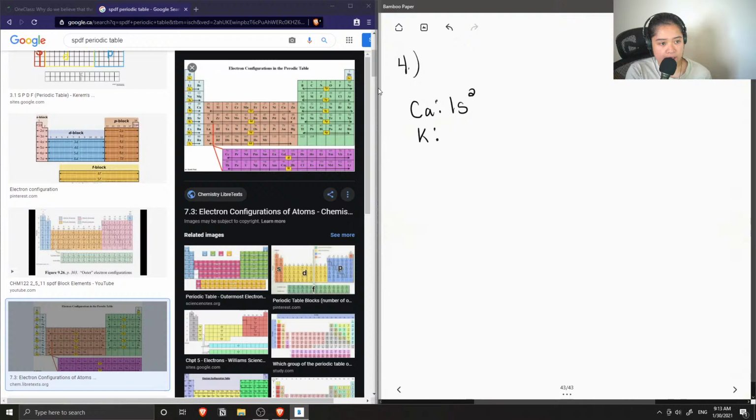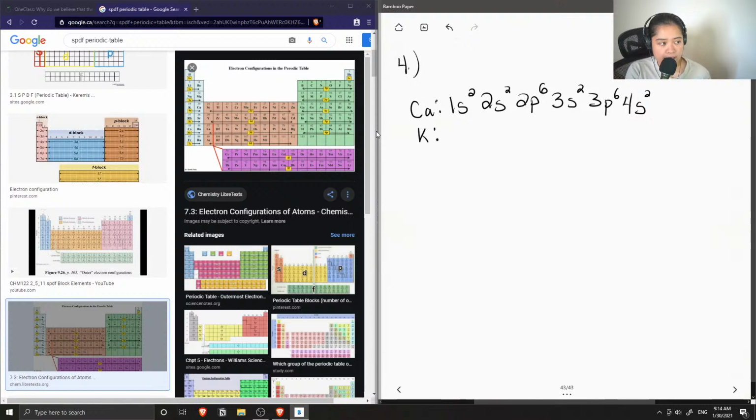Then down to the next row, we have 2s2. When we get to 2p, this orbital is able to hold 6 electrons, so we put 2p6. Down to the next row is 3s2, and then 3p6. Then calcium is in the 4s orbital, and it'll just be 4s2.